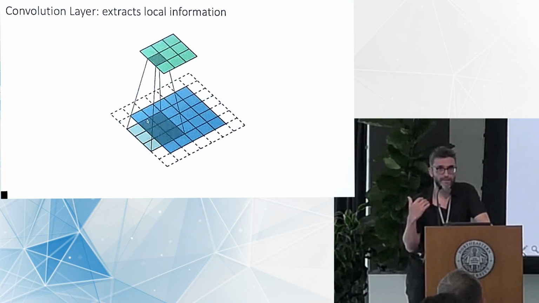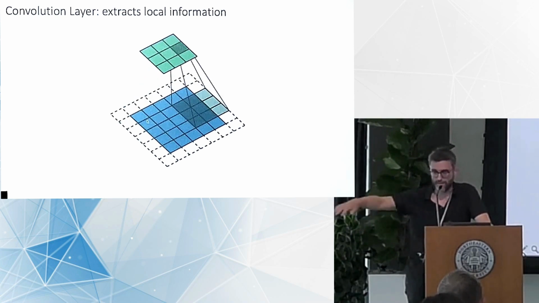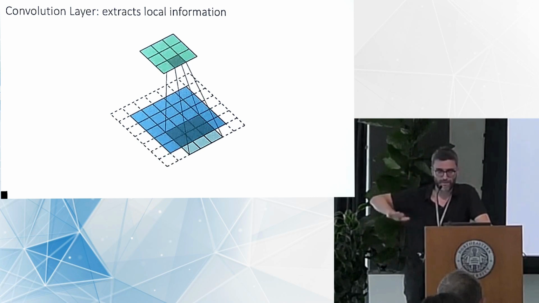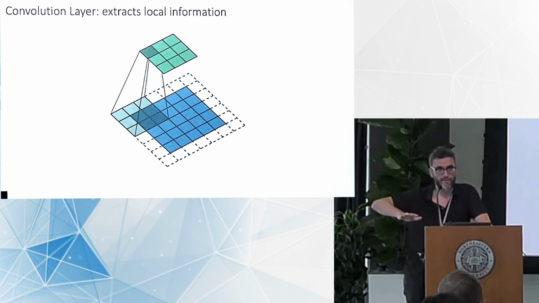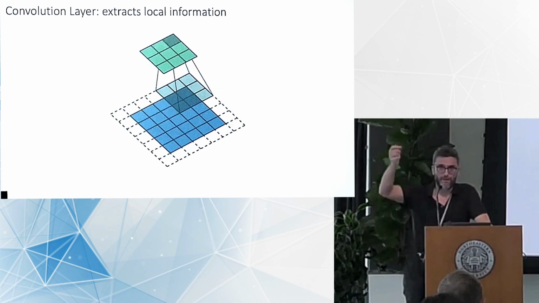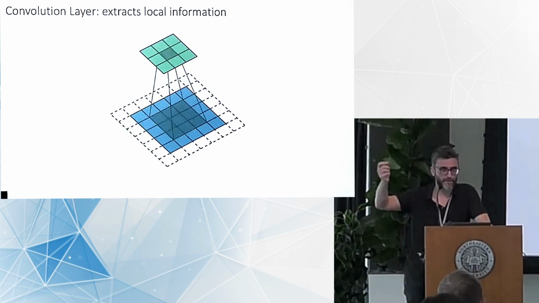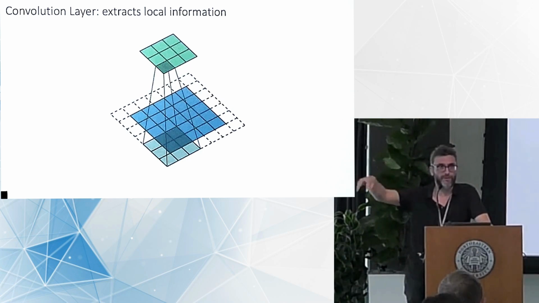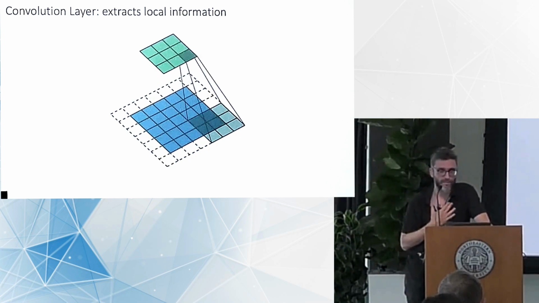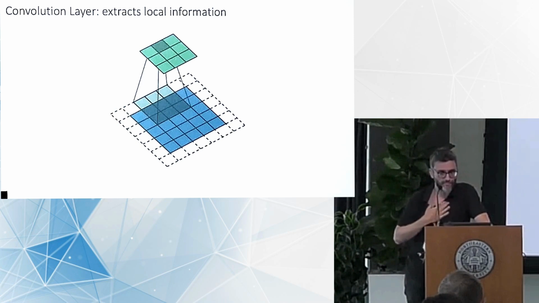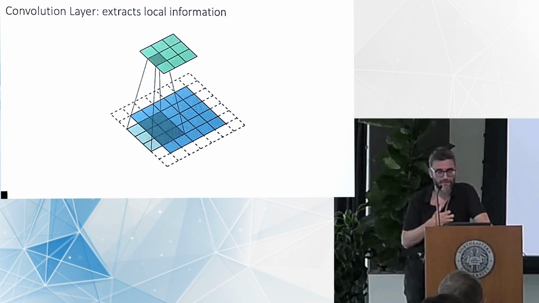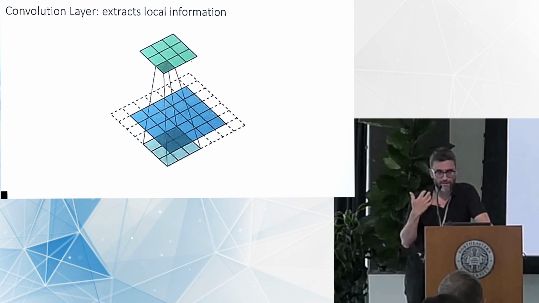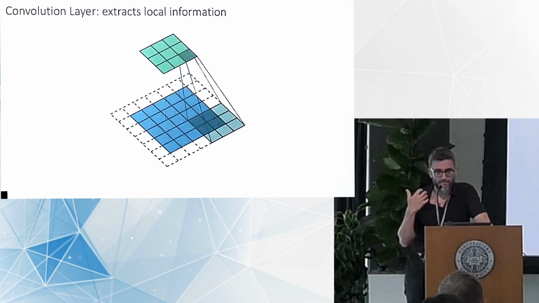So instead of a dense layer where you're taking information across every possible node in the previous layer, you're saying, I'm only going to take information from some local neighborhood of pixels in my previous layer. That's one of the most common things used in computer vision.